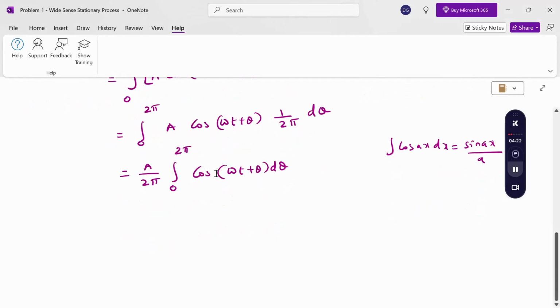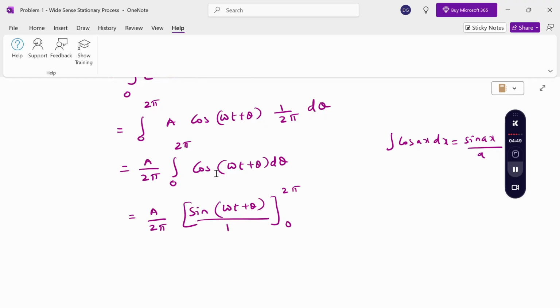Therefore, when I integrate this, A/2π times sin(ωt + θ) divided by the θ coefficient, which is 1, from 0 to 2π.